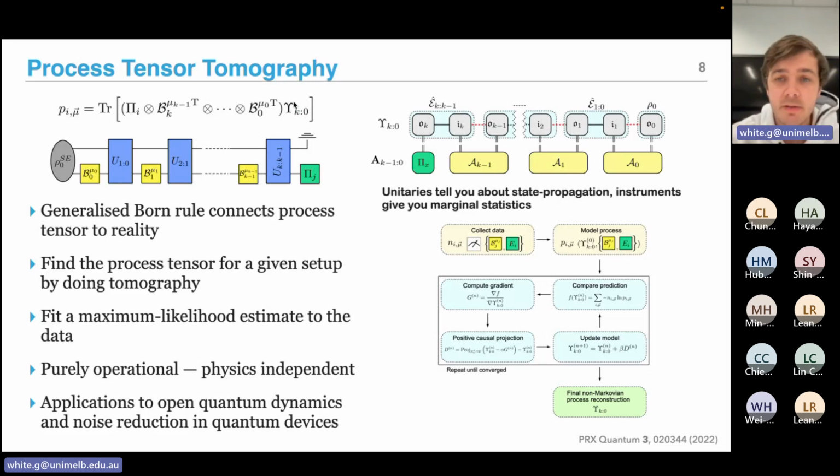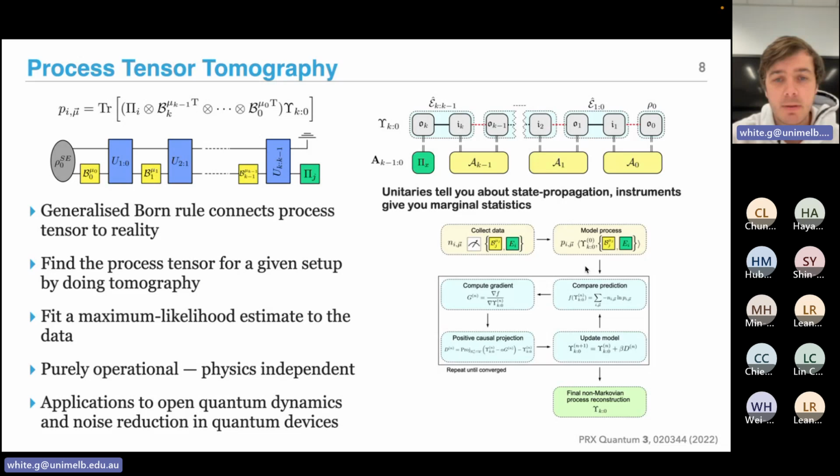And we can do this in a way which respects the physicality of the process. So we want it to produce positive probabilities, and we want it to be causal, in that future operations shouldn't affect past statistics.